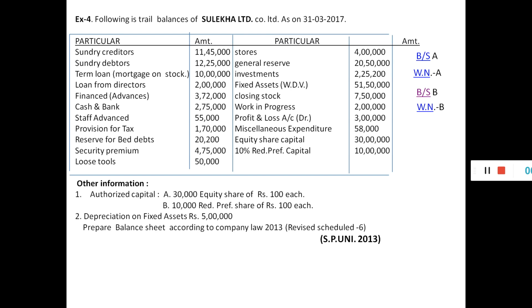Here adjustment is given. Adjustment number 1, authorized capital is 30,000 equity shares, each of rupees 100. Redeemable preference share capital, number of shares 10,000, each of rupees 100. Depreciation on fixed asset rupees 5 lakh.